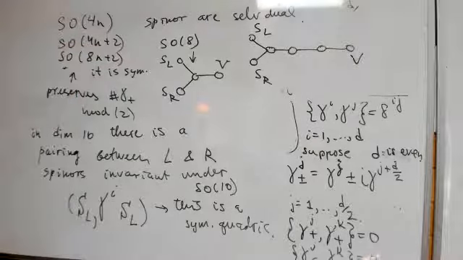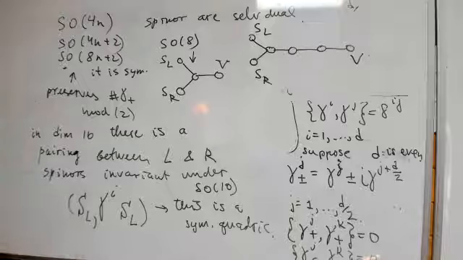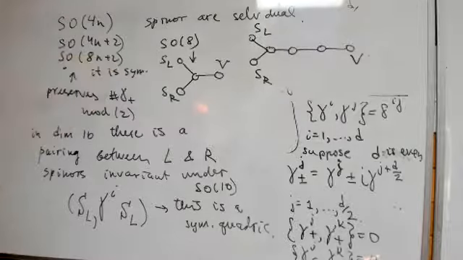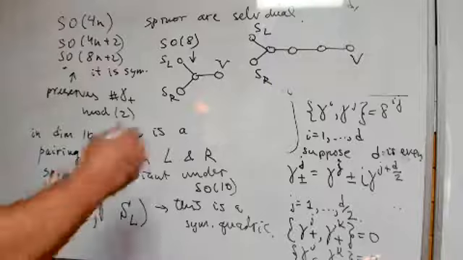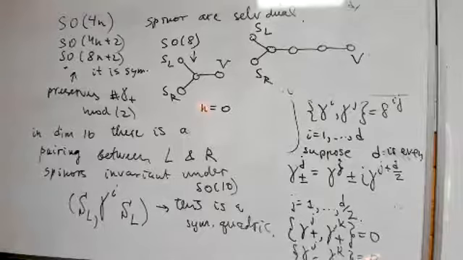If N is even, then it is symmetric. If N is odd, it is anti-symmetric. So the first time it happens is when N equals 0. However, it's not an interesting case.